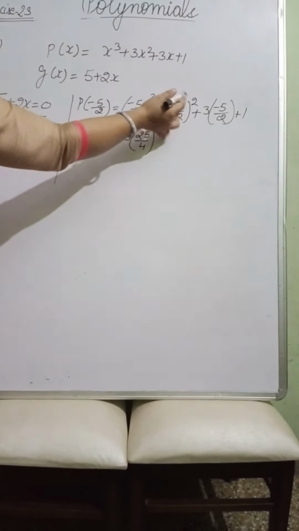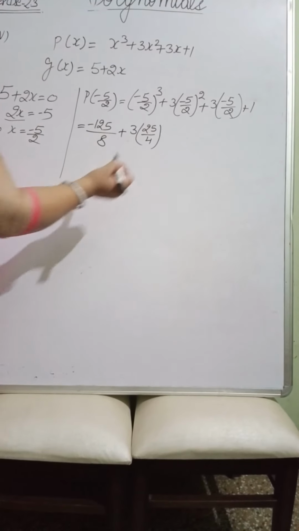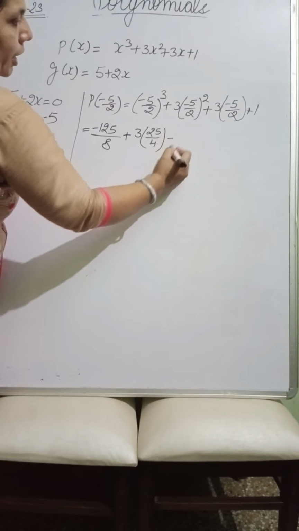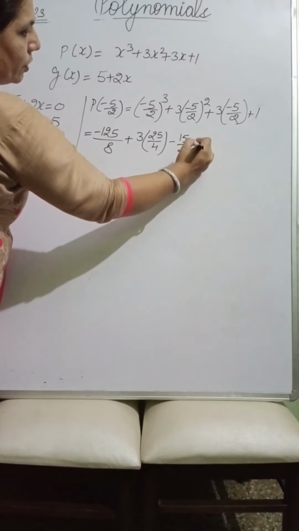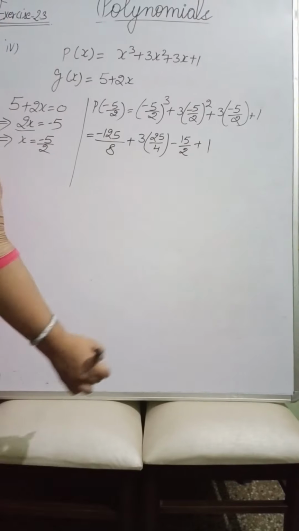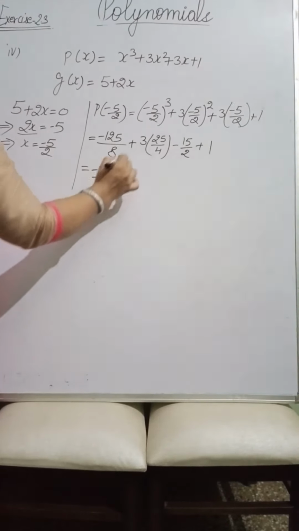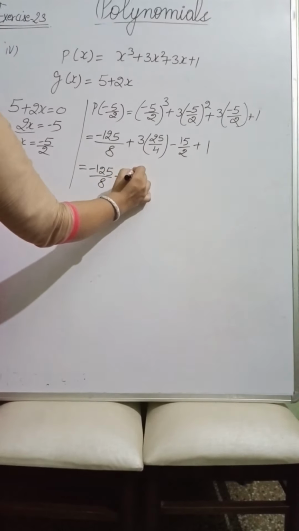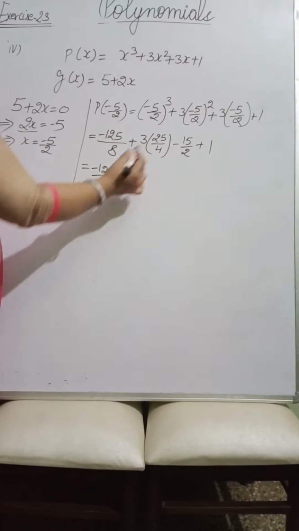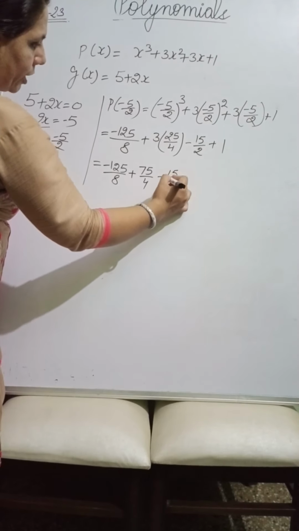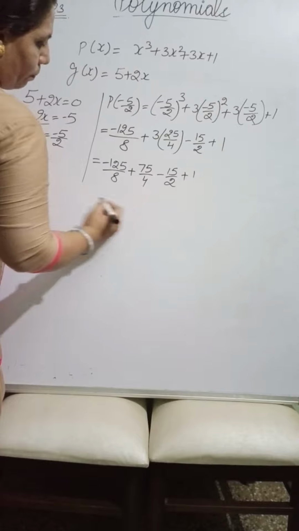We are taking the square of 5 and 2. Plus 3 into minus 5, that is minus 15 by 2, and plus 1. So these terms: plus 75 by 4, as we know 25 threes are 75, minus 15 by 2 plus 1.